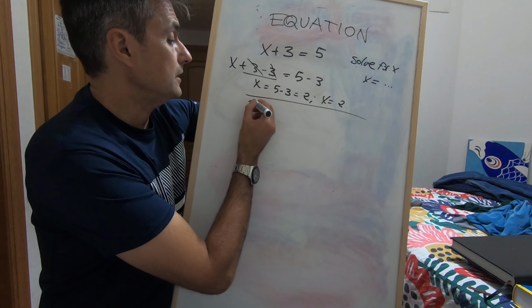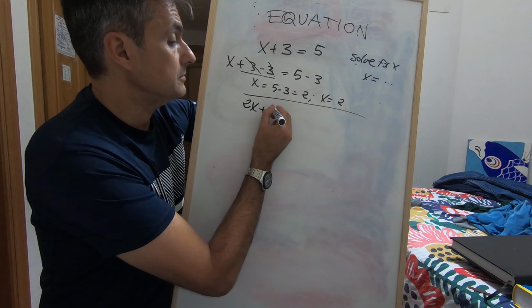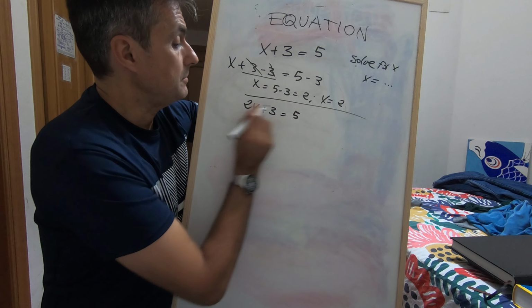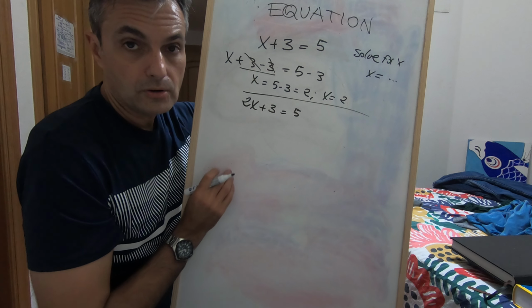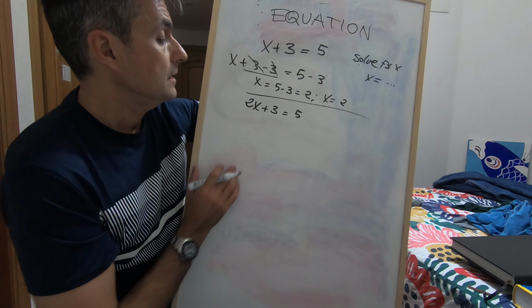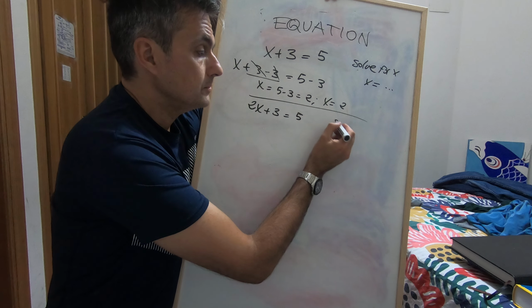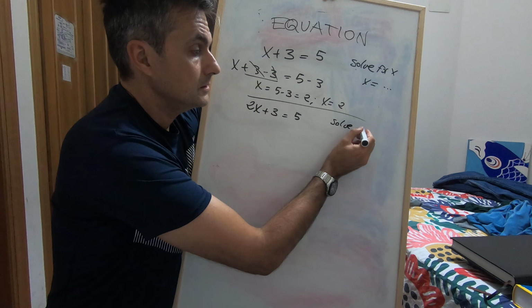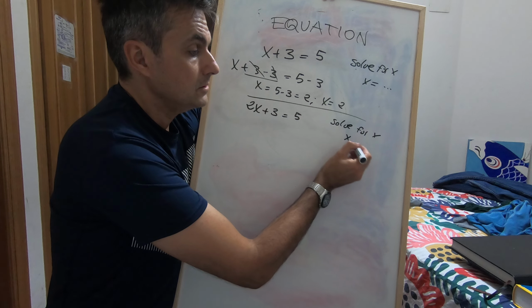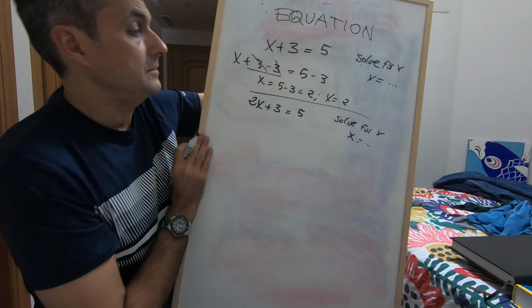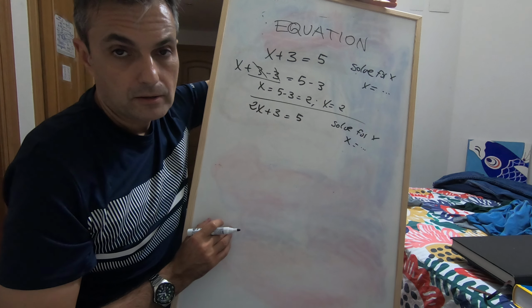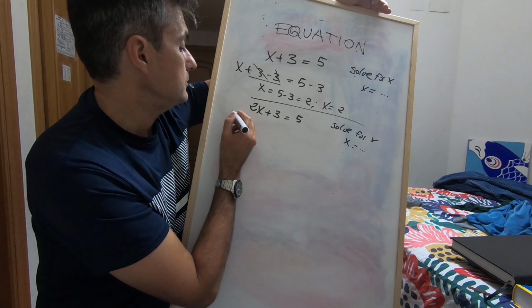Okay, for instance, if I got 2x plus 3 equal 5, very similar, but now with a 2 going with the x. The idea is again to solve for x, to have something like x equal whatever. Okay, how am I going to do it?